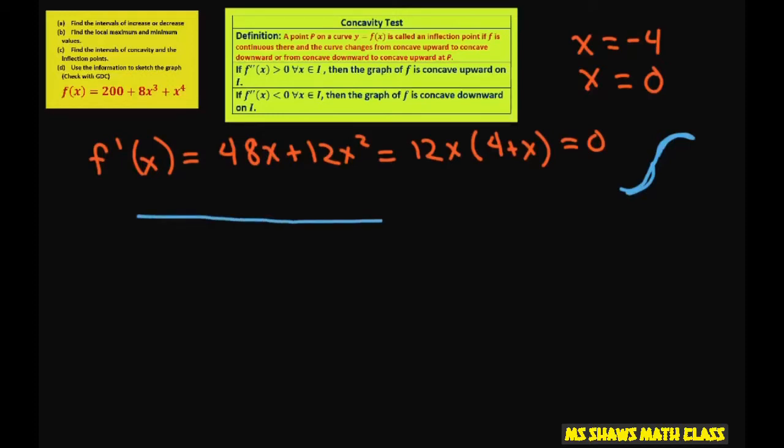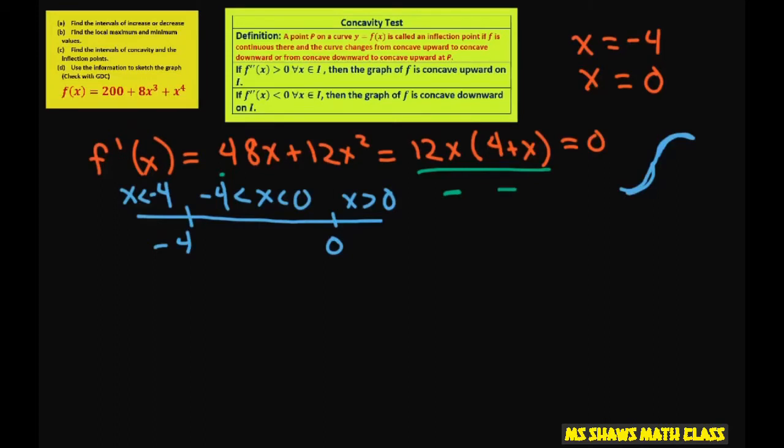So we're going to go to negative 4 and 0. So what's happening when x is less than negative 4, when x is greater than 0, and when x is in between negative 4 and 0. So if I plug in, we'll just use this one, it's easier. Plug in negative 5, this is going to be negative, negative. So two negatives make a positive.